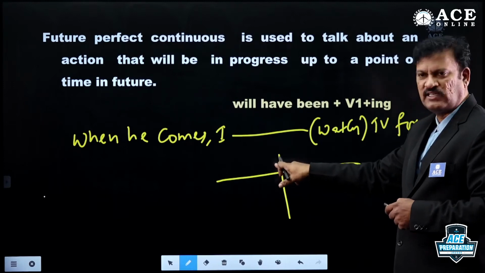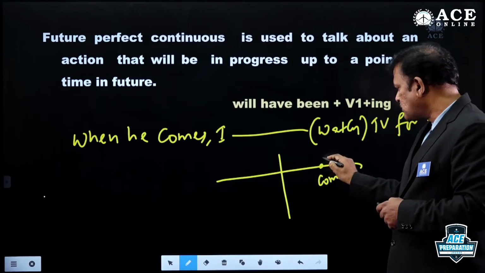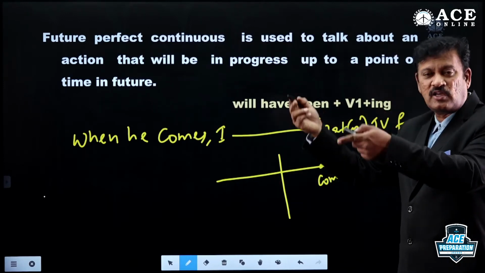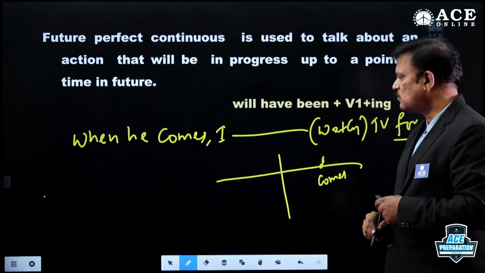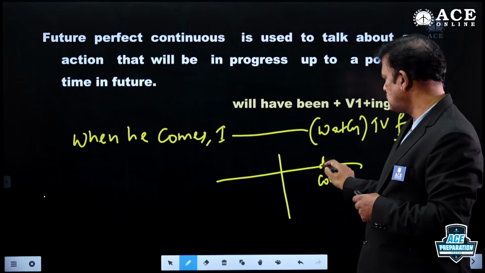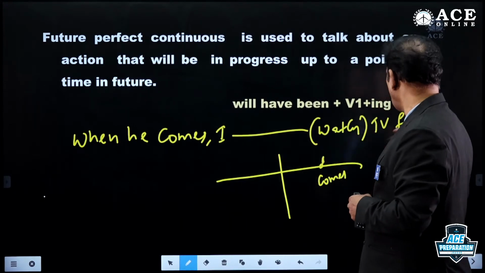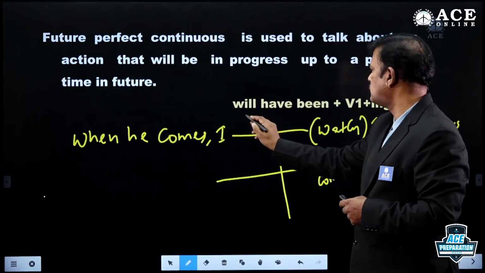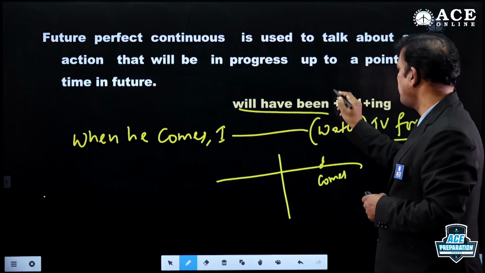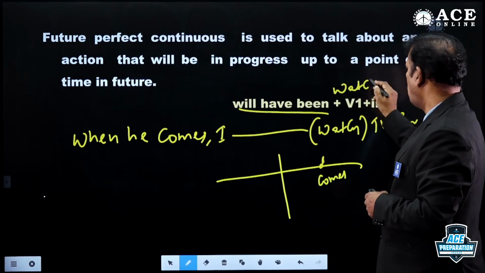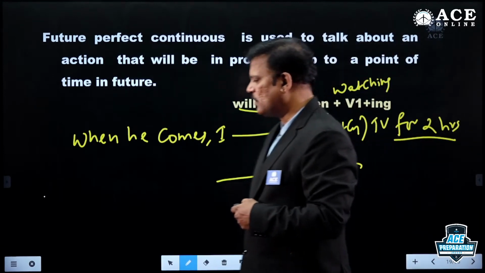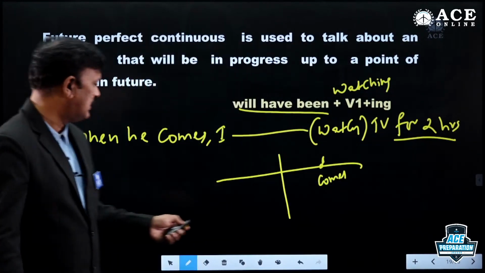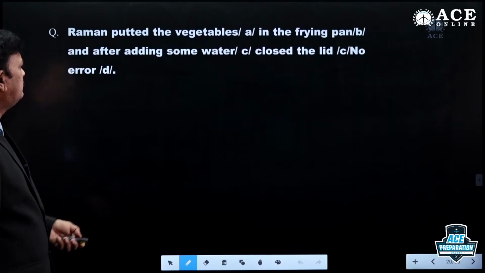Somewhere he started watching this TV up to this point, and he's talking about the future. 2 hours completes. So then he's saying when he comes, at this point, "I will have been watching TV for 2 hours." Fine.